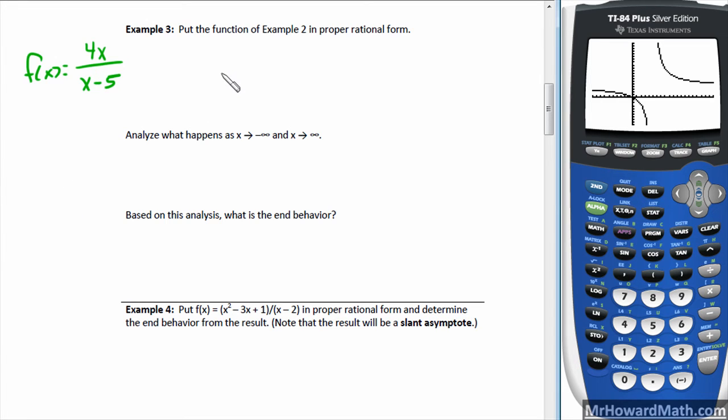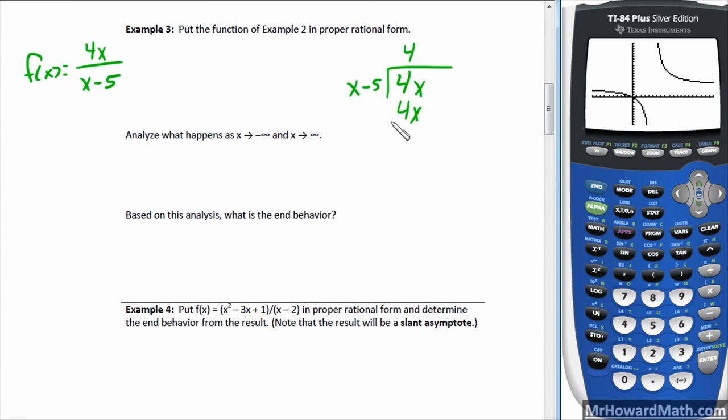We can fix that through long division. So I take the 4x and I divide it by the x minus 5 factor. So I need a 4 here to get a 4x here. Alright, I need some more room. So let's move this over. There we go.